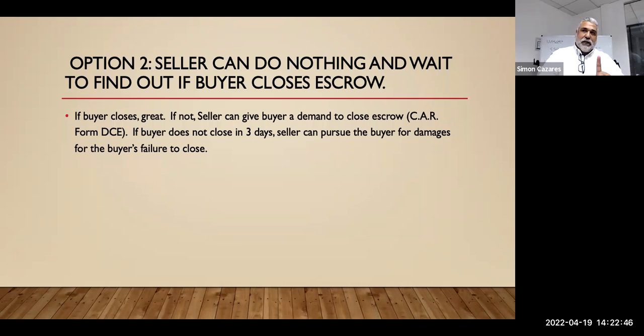Now, you also have to look at every element of that proof of funds, because if they only have $200,000, they still have to take into consideration closing costs. So do they have more than that? Because what if the appraisal comes in and it appraises for a lot less? Now you're in a very tight situation. And this is why you have to make sure that you look at all the financials.